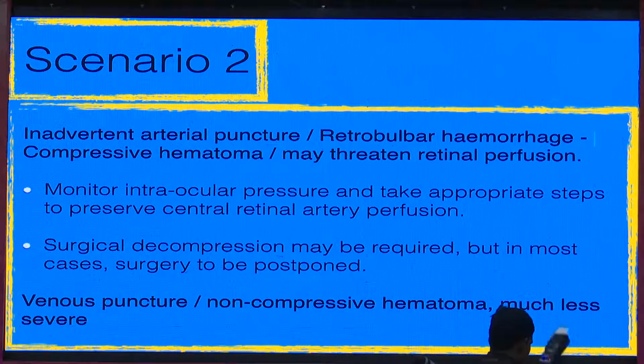In scenario 2, if the patient develops a retrobulbar hemorrhage, just monitor the intraocular pressure, postpone the surgery for sure, and refer to your vitreoretinal colleague. This has to be dealt with because it's damage to the artery, and it may lead to a compressive hematoma, which is the main problem.